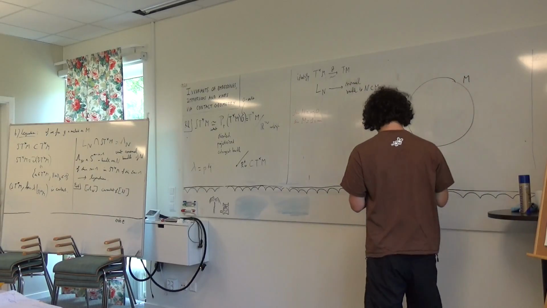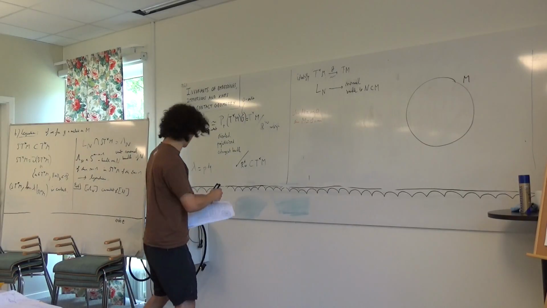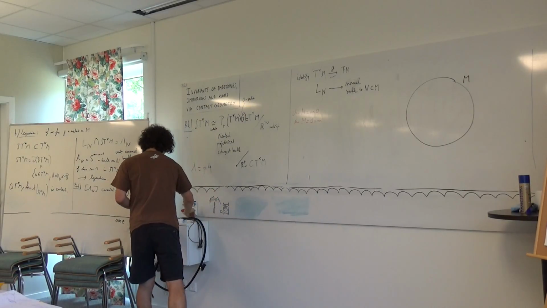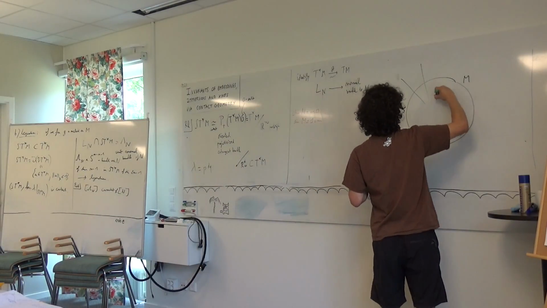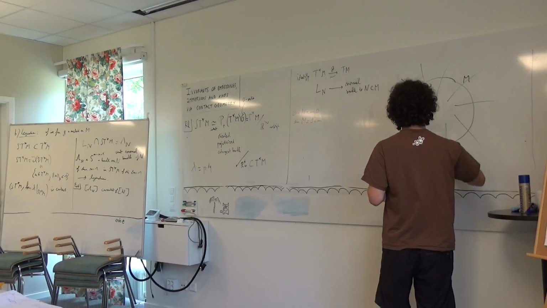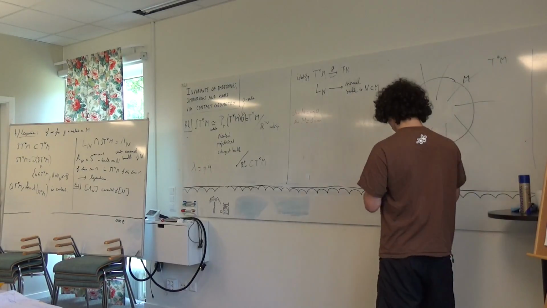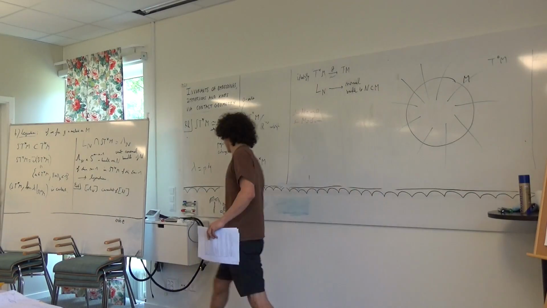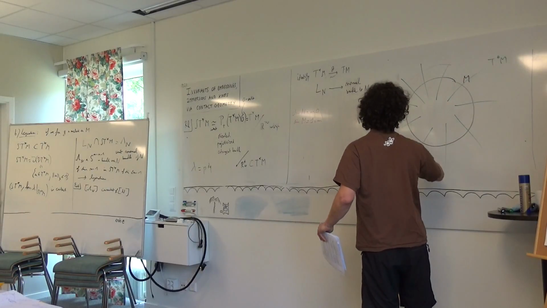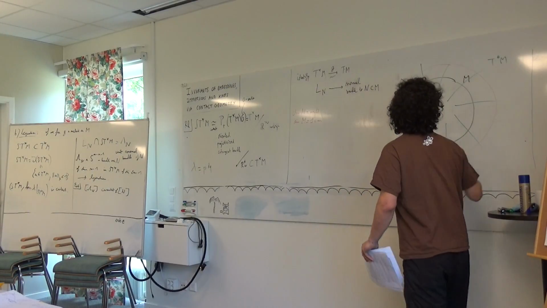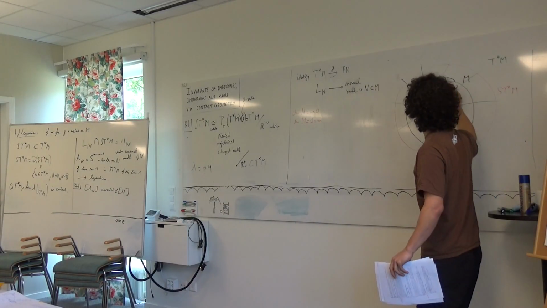This is M, its tangent bundle. You have the unit tangent bundle here and here.